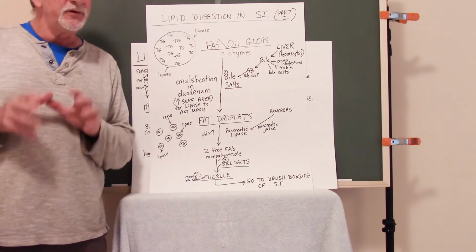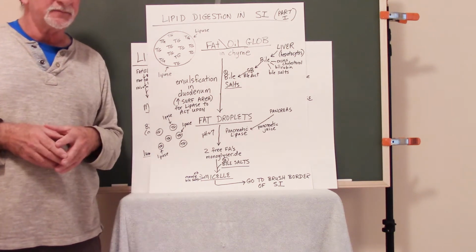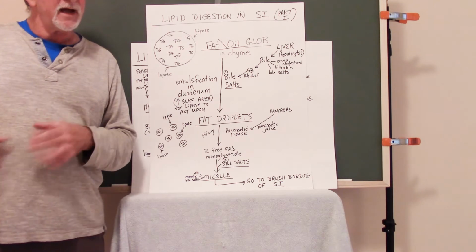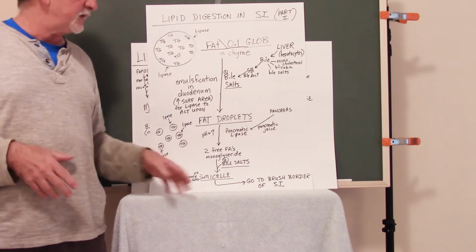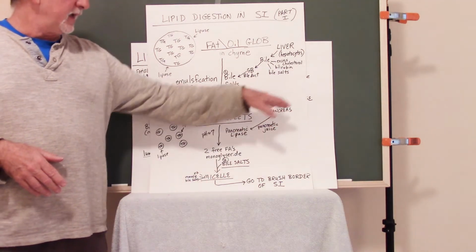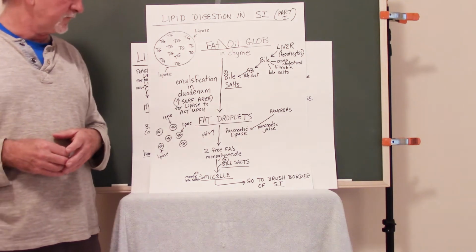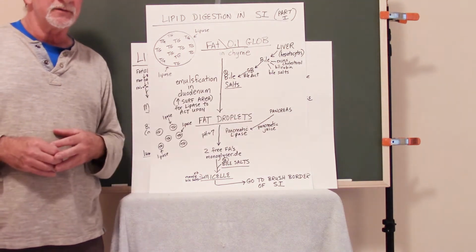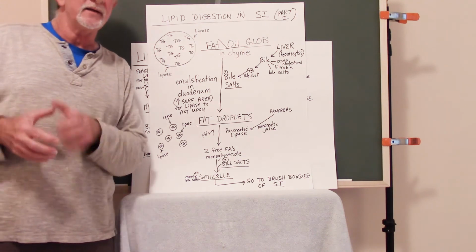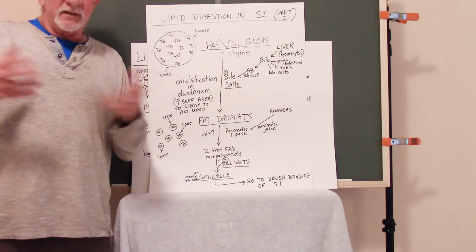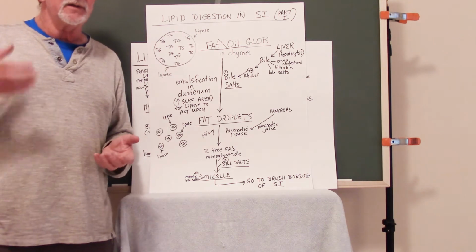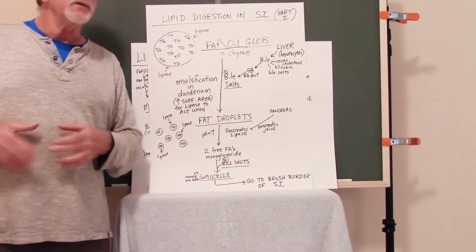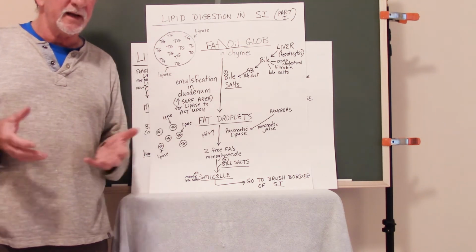Intestinal cells do not make lipase. The lipase that is active in the intestine comes from the pancreas in the pancreatic juice. So the pancreas makes a pancreatic juice that would contain those inactive protein digesting enzymes that we talked about earlier, as well as pancreatic amylase.